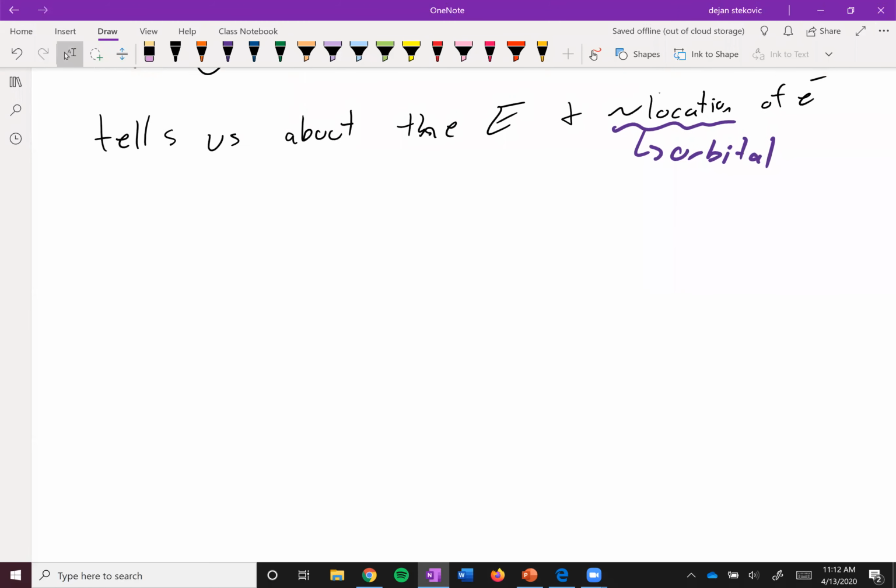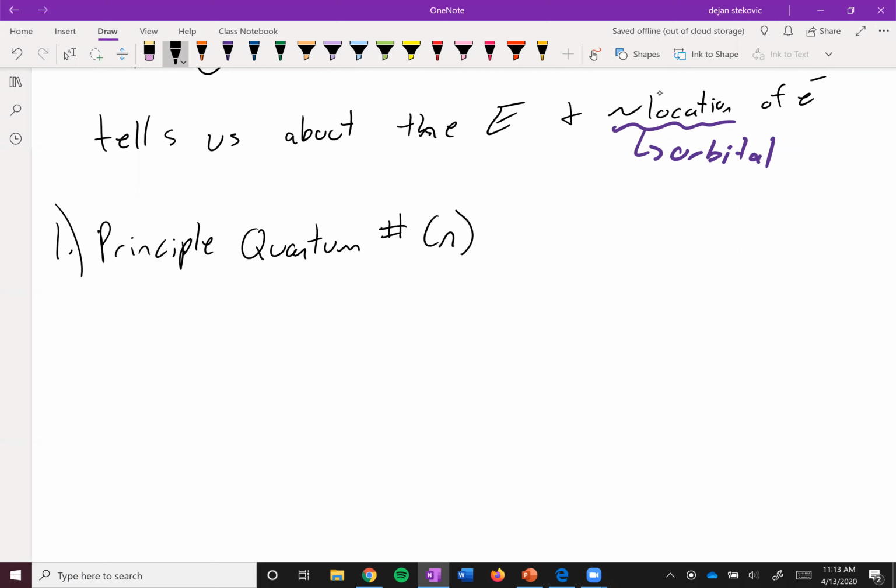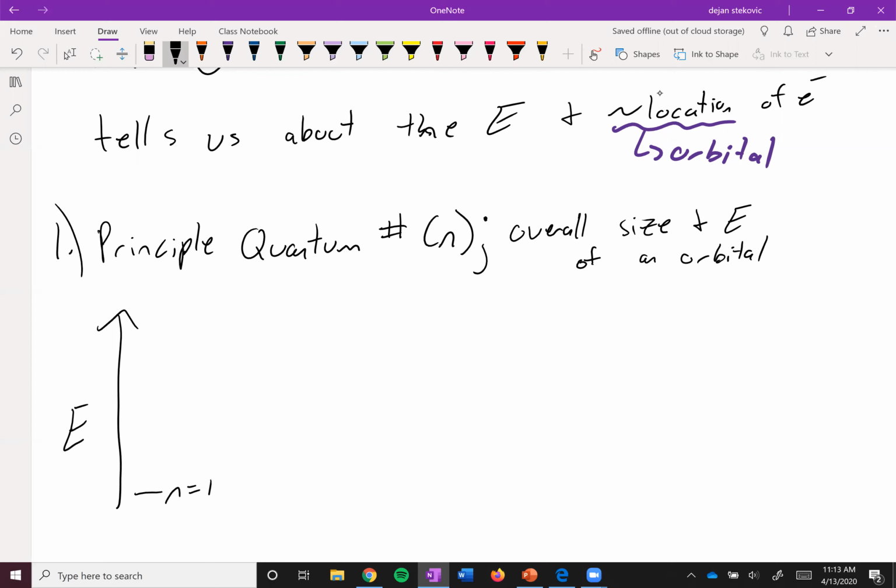So there are four main quantum numbers that we'll go over. First up is the principal quantum number. This gets the symbol a lowercase n. And what the principal quantum number tells you is the overall size and energy of an orbital. If we think back to our previous picture, we said energy: n equals 1, n equals 2, n equals 3, and so on and so forth.